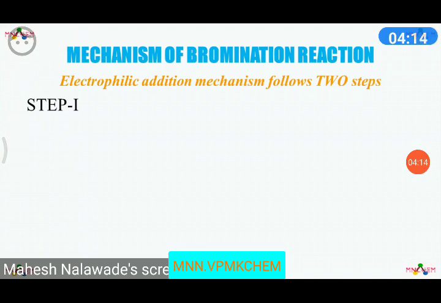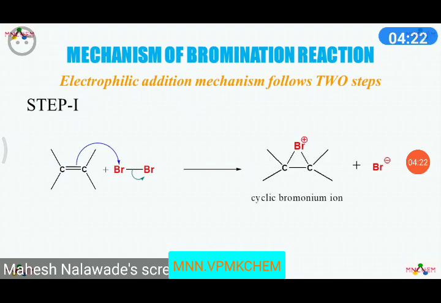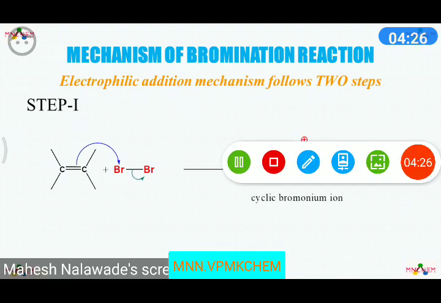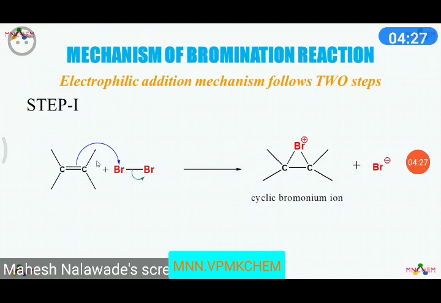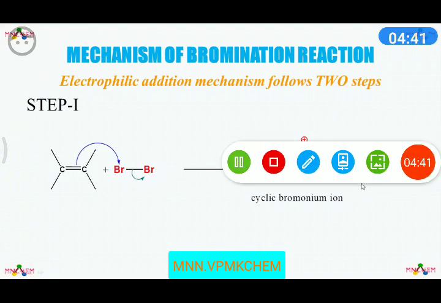In step 1, alkene adds to one of the bromines and gives a cyclic bromonium ion as a product. In the first step, the alkene adds to the molecular bromine, the bromine which is added acts as an electrophile, whereas the other bromine departs as a bromide ion.